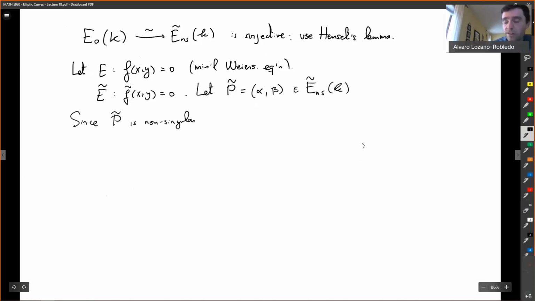or E is non-singular at P, then the formal derivative of f with respect to x evaluated at P twiddle is non-zero, or the formal derivative the other way, with respect to y, at P must be non-zero.